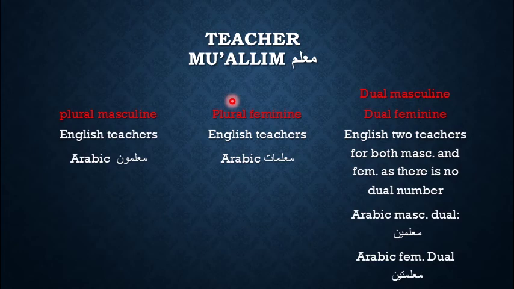Can you guess which is richer? Is it the Arabic morphological system or the English morphological system? From this example, just the word معلم, you can now know that the Arabic morphological system is much richer than the English morphological system.